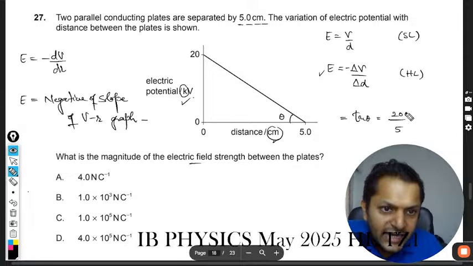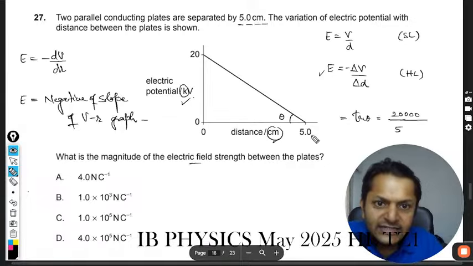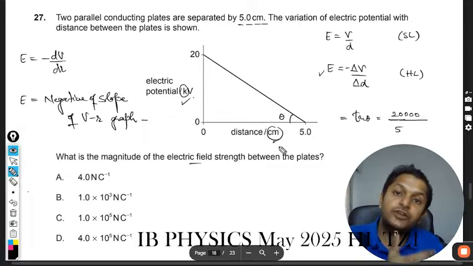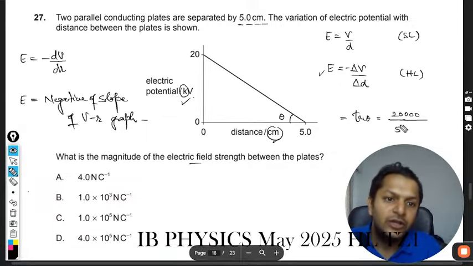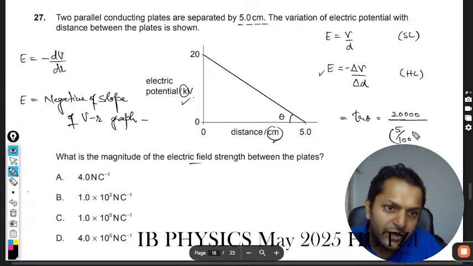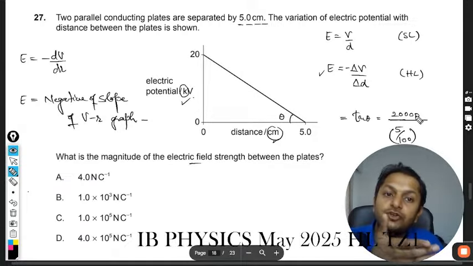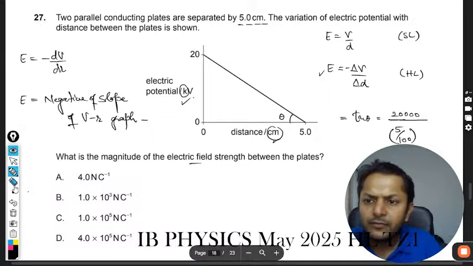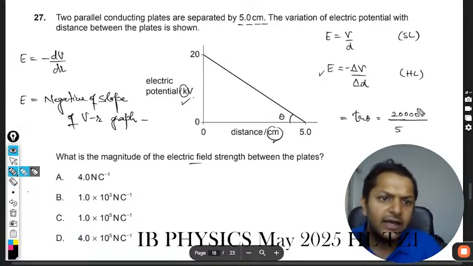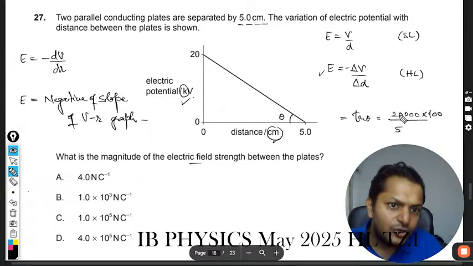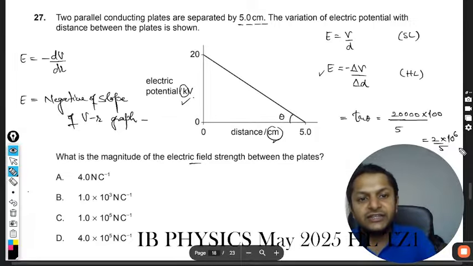So it will be 20k, and this is 5 centimeters, which has to be converted into meters by dividing it by 100. So this will be further divided by 100. So 100 will go into the numerator. So I can just write the same thing as this. So it is 2 into 10 raised to power 6 divided by 5 is the tangent theta that you have.